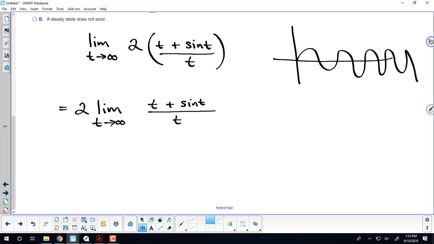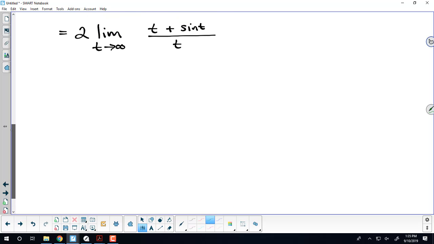And let's just see if we can go down here. For sure we know that the sine of t is in between -1 and 1.